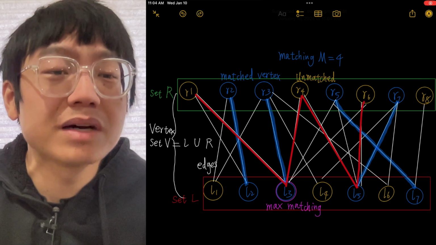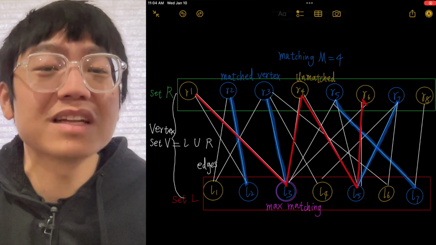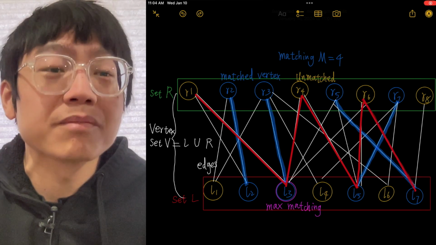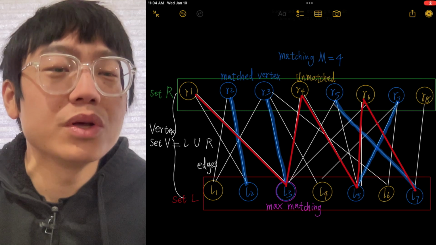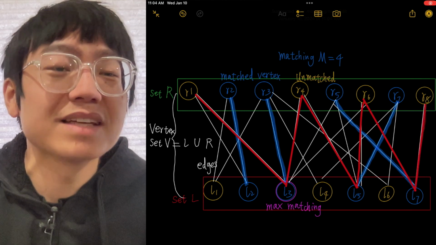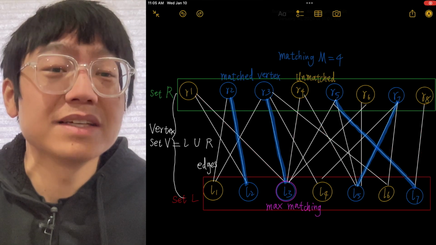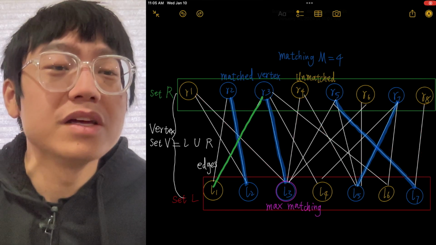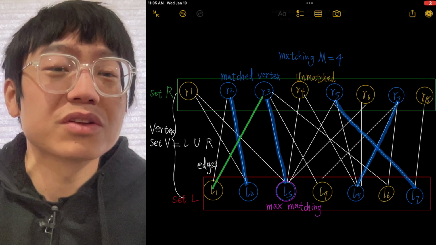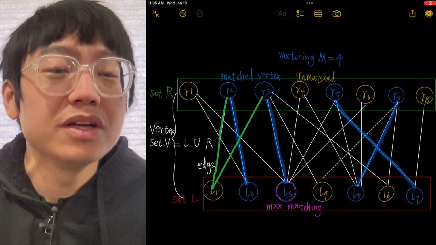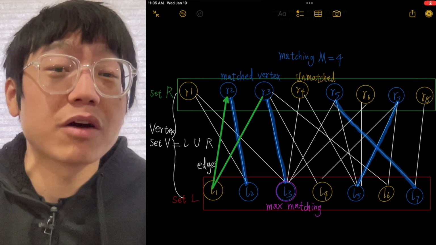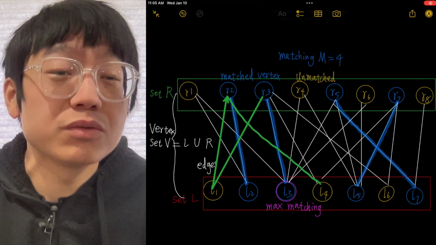So the path must go through the vertices in the other set L, and R3 is already matched, so we would be looking for a path that starts from an unmatched vertex in the L set that connects to the R set. Then we continue through the other vertices in L.